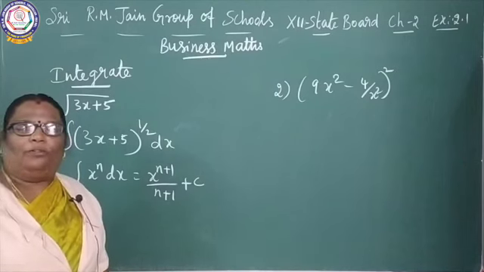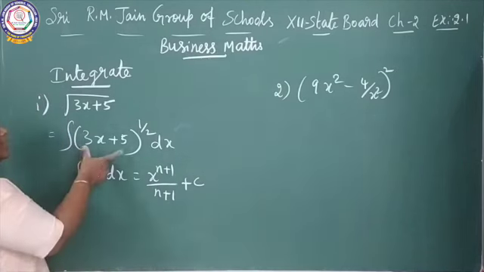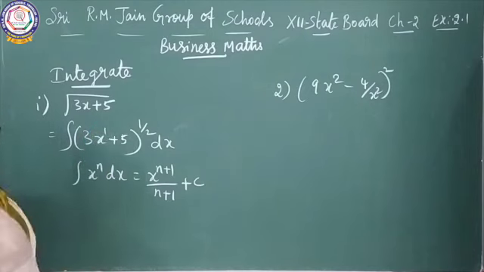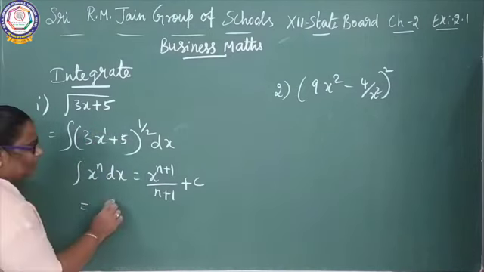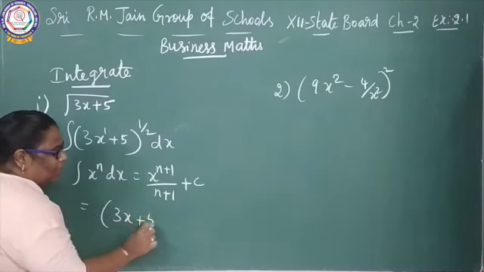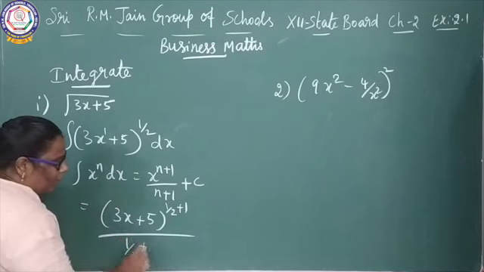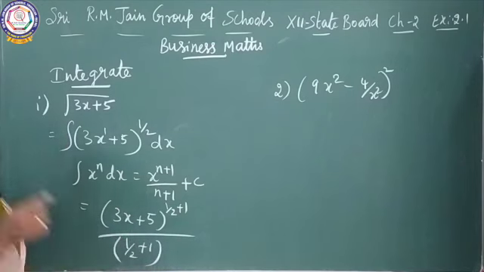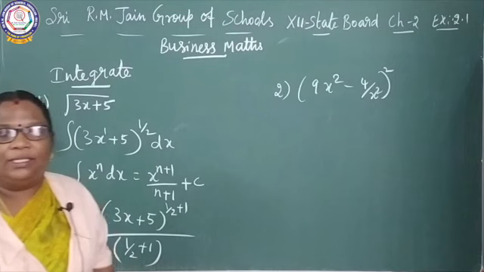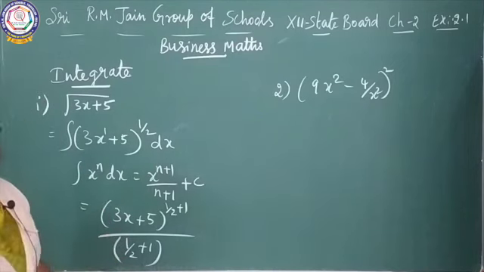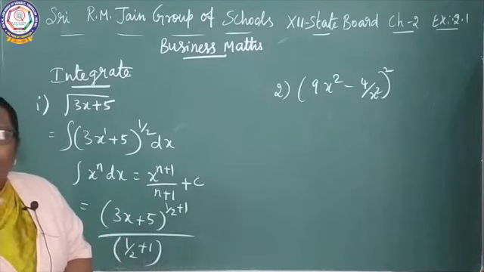You don't need to memorize all the formulas. If the degree is 1 in the power, you can apply the formula: 3x plus 5 whole power 1 by 2 plus 1, over 1 by 2 plus 1. Whenever a coefficient comes, what is the coefficient of x? 3.